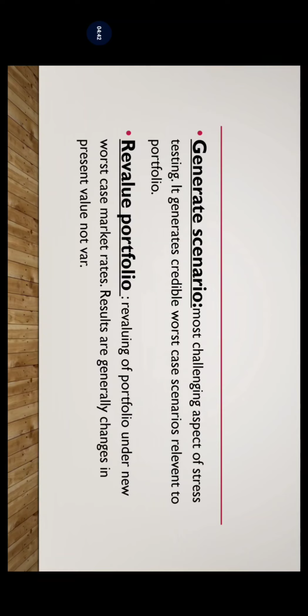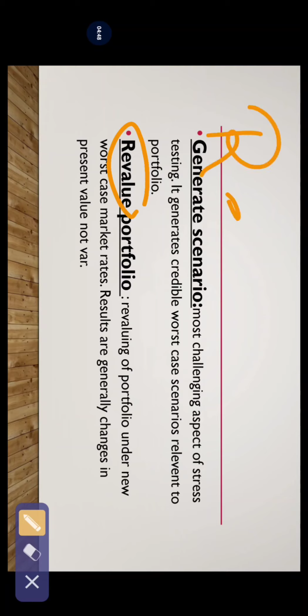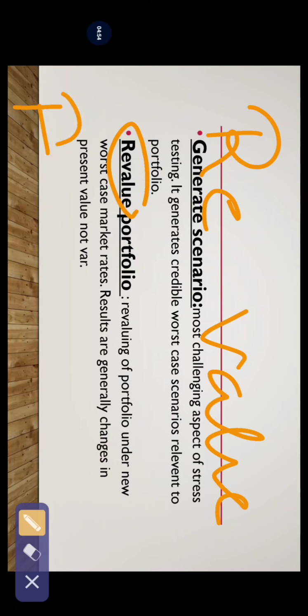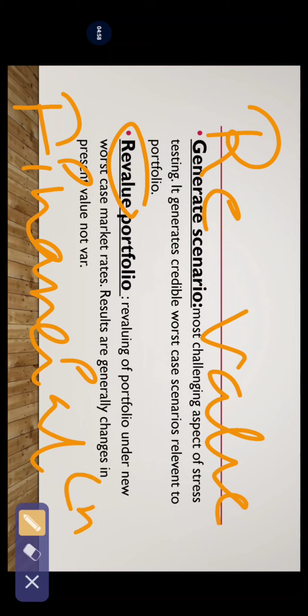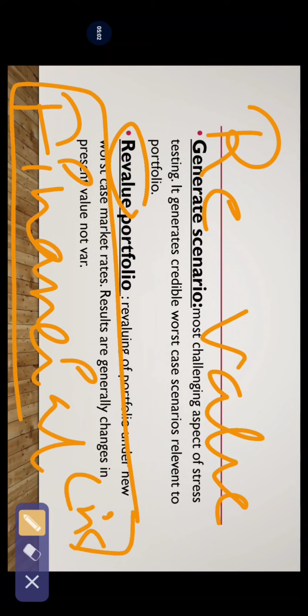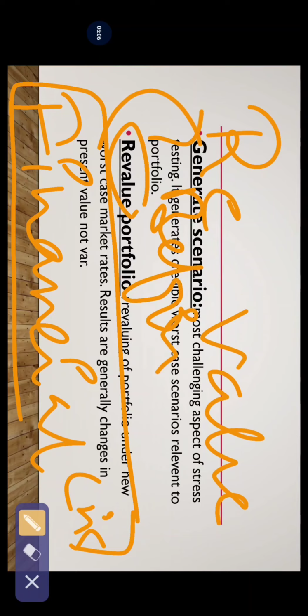Next is revalue the portfolio. In this word only we can understand, re and value. When we come across a financial crisis situation, we compare the value.